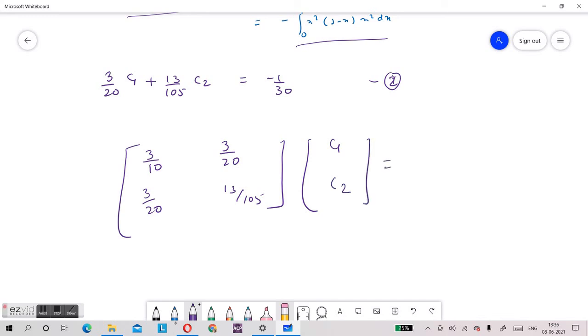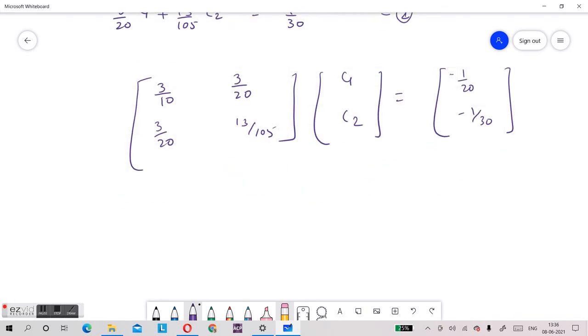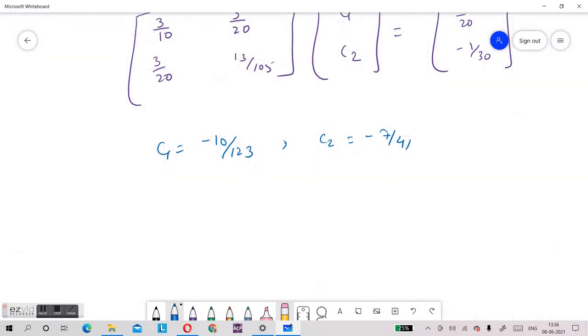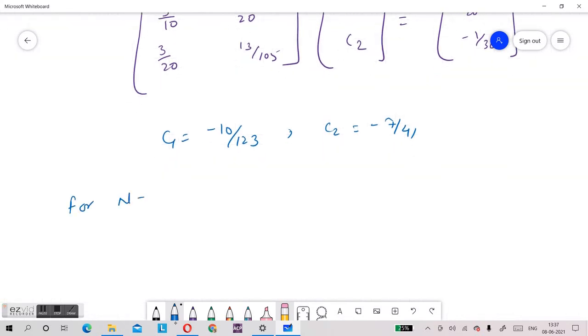Okay, so you can find the values of c1 and c2 from here. The c1 value will be minus 10 upon 123 and c2 will be minus 7 upon 41. Okay, so we found the value for n equals 1. For n equals 1, c1 was minus 1 upon 6.